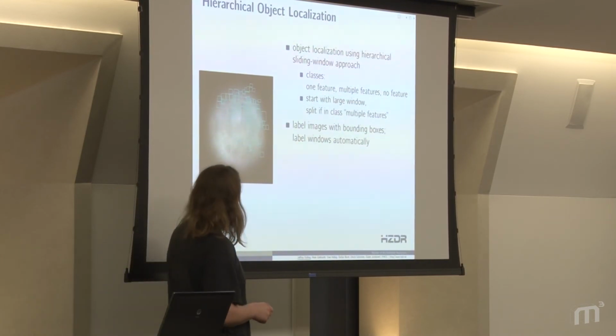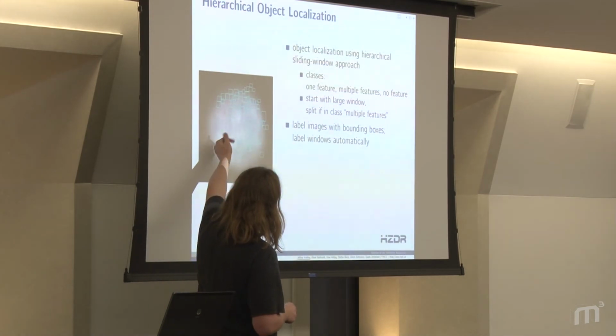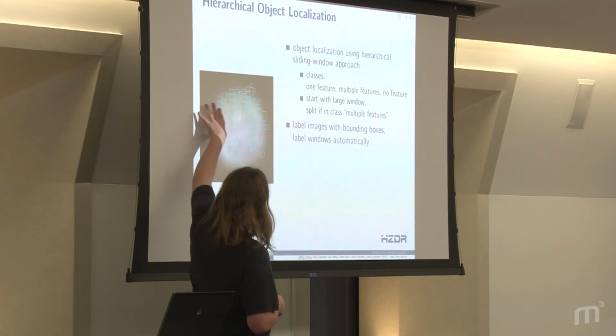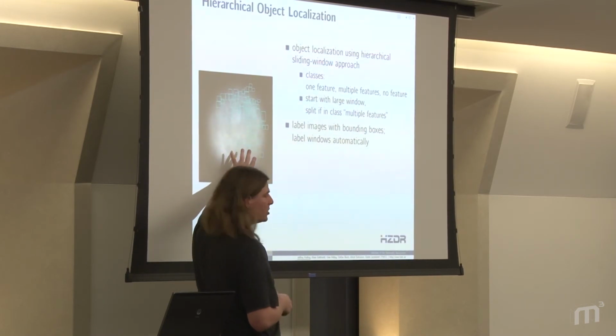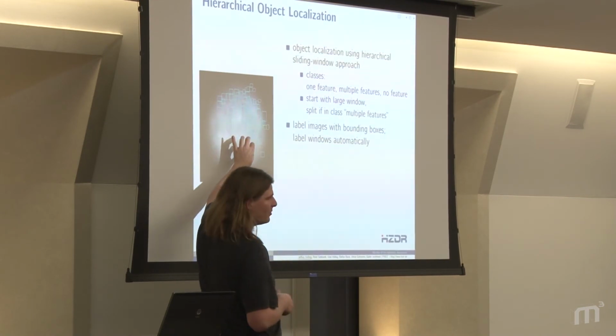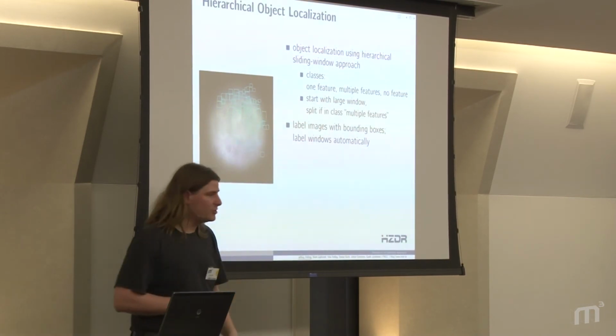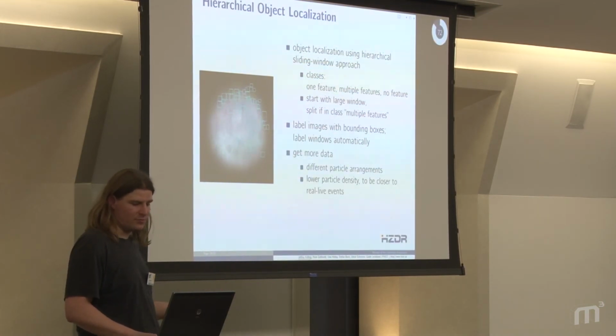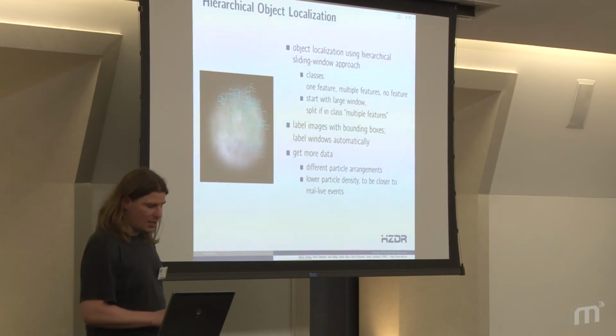We can label images with bounding boxes, like it's shown here, and use this when we have this partitioning of the image in training. We just see whether it overlaps our bounding box, and then we say, okay, this is a training example which should be classified as positive or negative, or as one feature, multiple features, something like this.